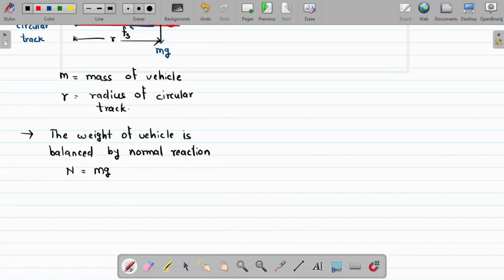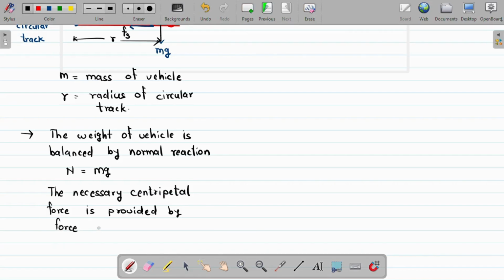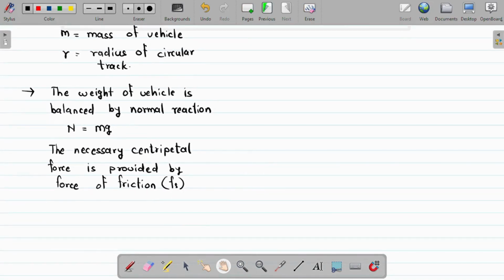Here we can say the necessary centripetal force is provided by the force of friction Fs. So we have another equation: Fs is equal to mv square by r.